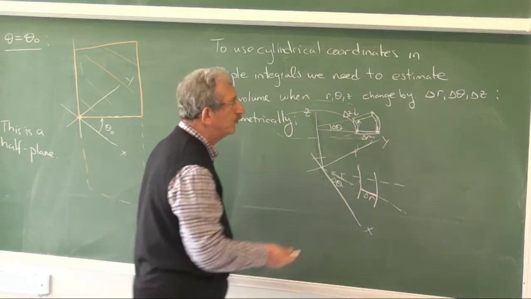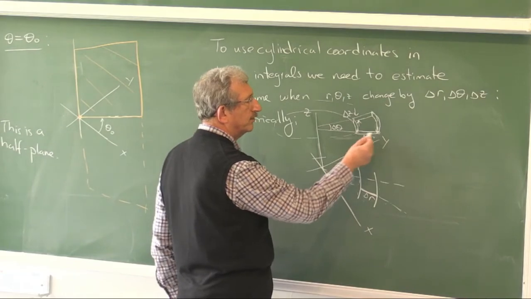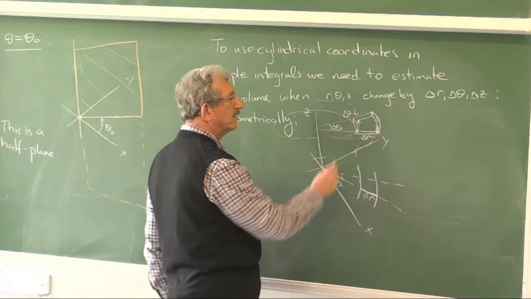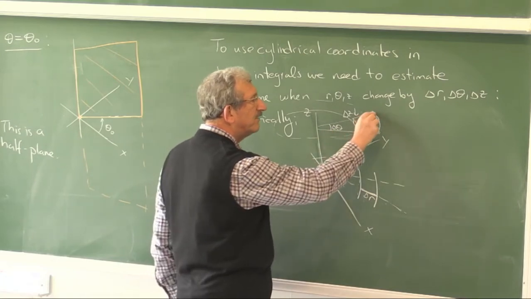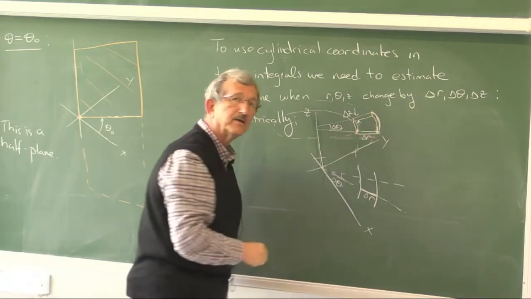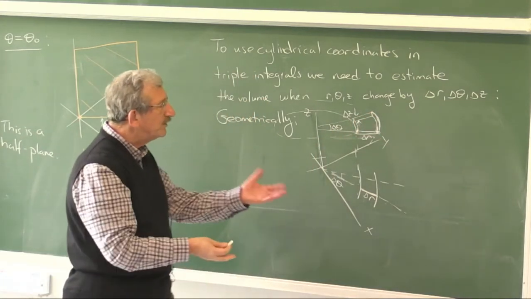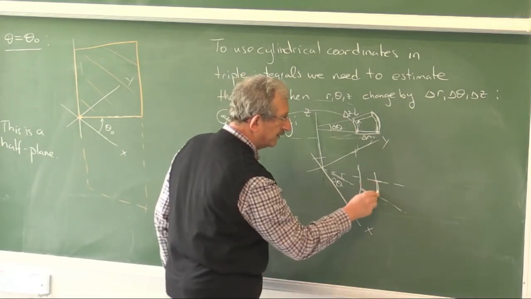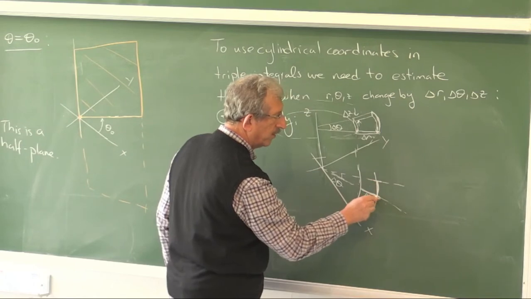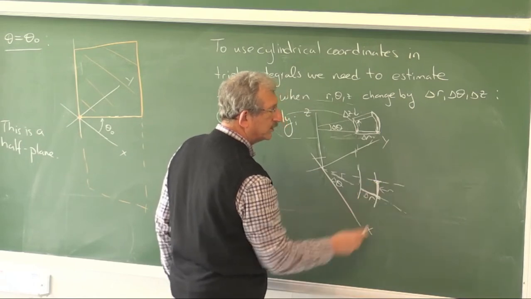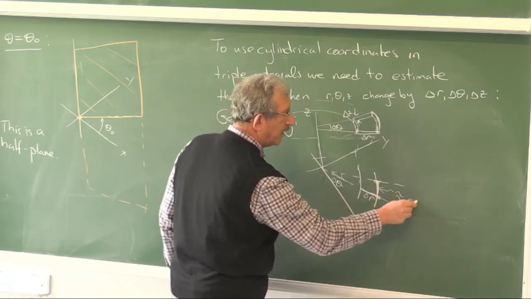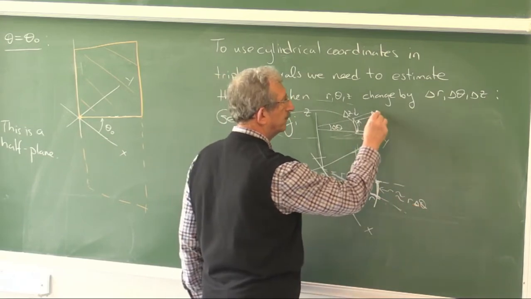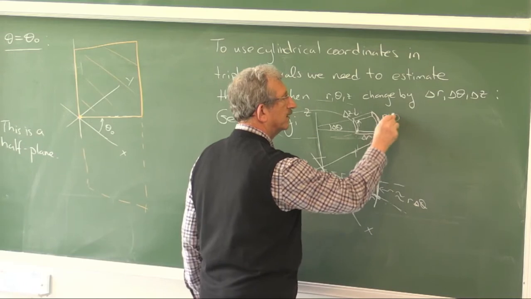So we already know the distance delta R, the distance delta Z, but delta theta does not give this distance automatically, okay? But we did this before in polars, that is, this length was approximately r delta theta. So this would be r delta theta.